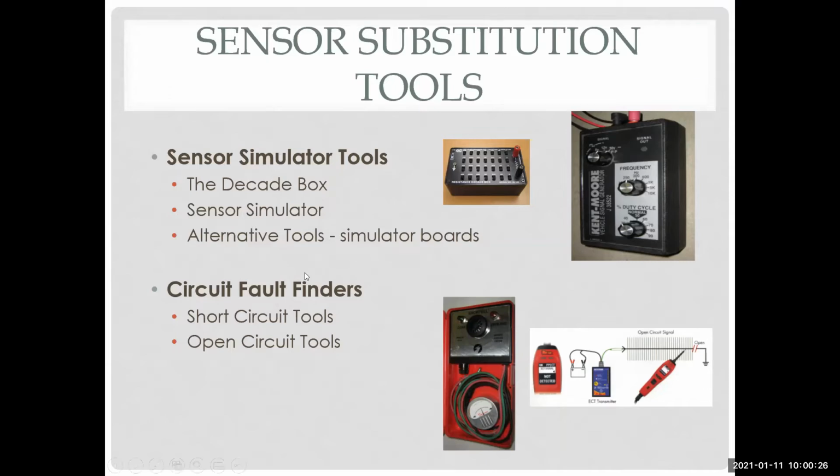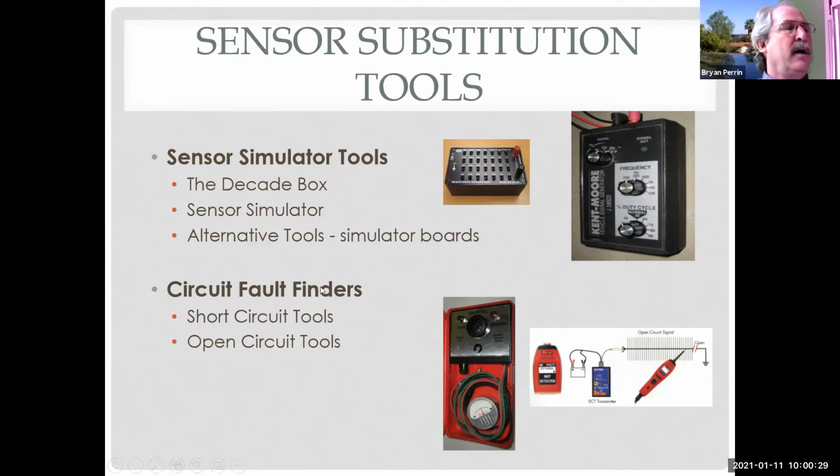So same with using simulators. Different circuit fault finders for open circuit or short circuit. Power Probe makes a tool. This is old school here. Snap-on sold these. And this deals with electromagnetism.